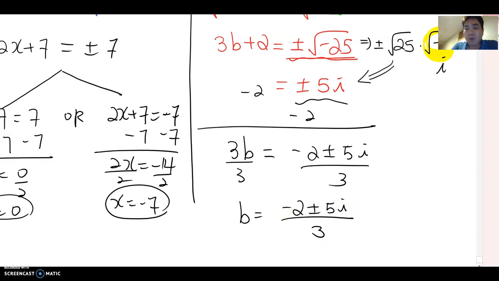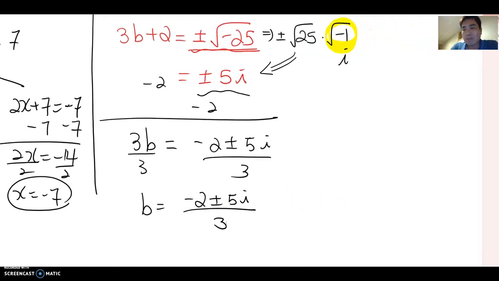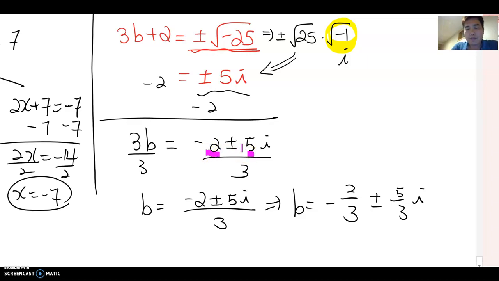That's the answer. Or you can write it in complex number form. Then b equals negative 2 over 3 plus and minus 5 over 3 i. Okay. Then you may wonder why I'm not combining the numbers 2 and 5 here.